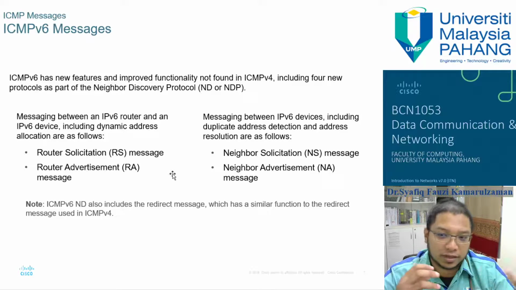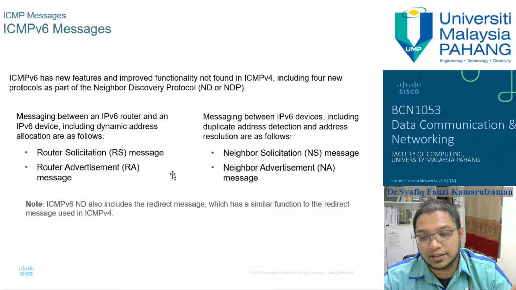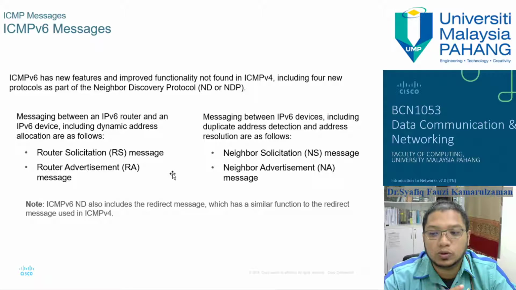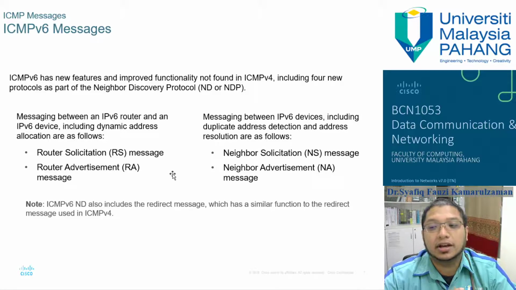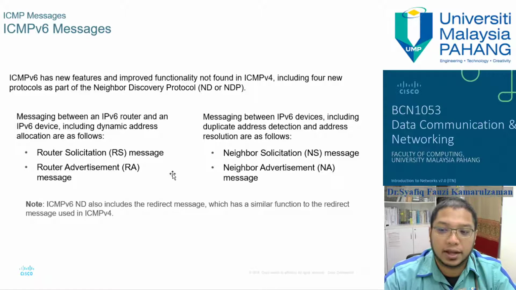So for a router, you have RS and RA. For normal devices, you have NS and NA. For Neighbor Discovery in ICMPv6, they also include the redirect message, which has a similar function to the redirect message used in ICMPv4.